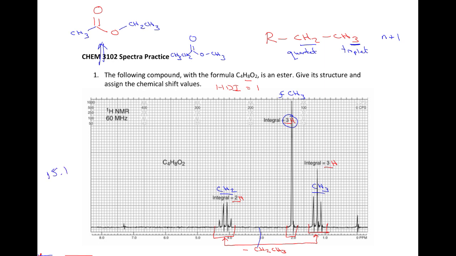So if I look at this methyl group here, a methyl group usually comes out at around 0.9 parts per million, but according to table 15.1, I should add 3 to that, because that's an oxygen of an ester. So that would give me a signal around 3.9 ppm. And you can see that my singlet is around 2 ppm. So immediately you can see that there's something seriously wrong with this structure.